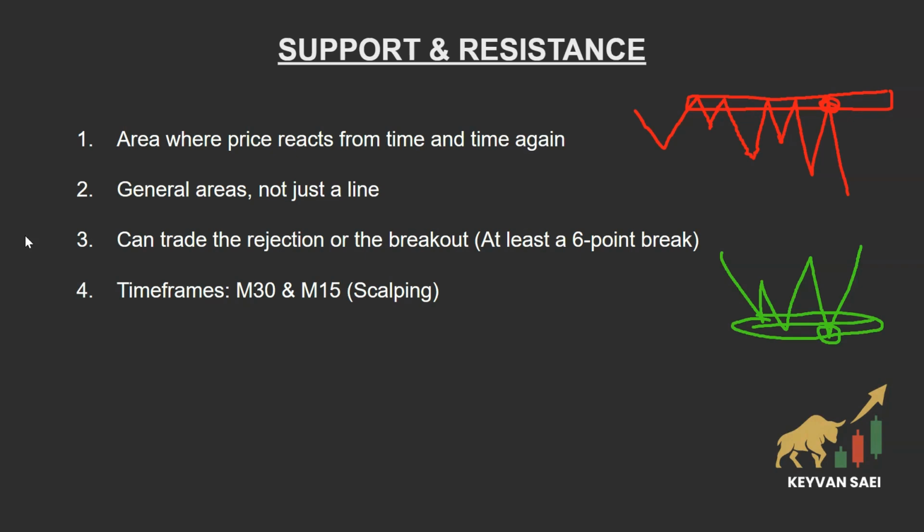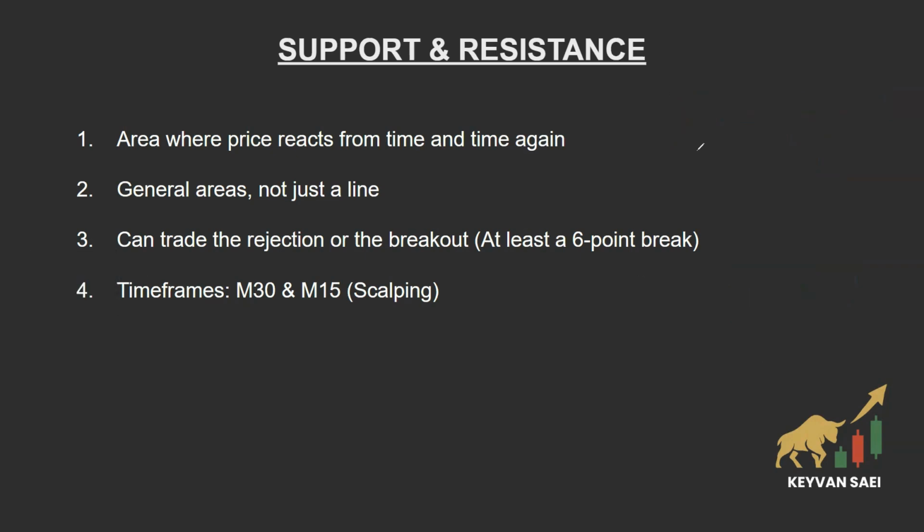So when you have a support level, let's say right here, this is the general area that we're looking at to trade. There's going to be times where there's going to be a breakout, right? Where buyers are just not strong enough to defend this price range anymore.